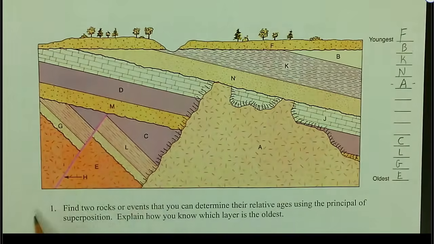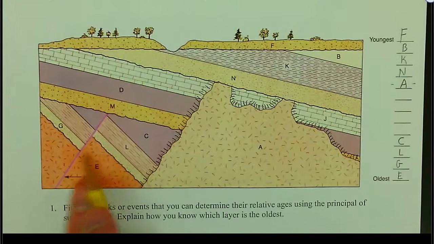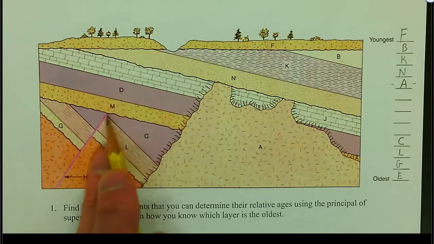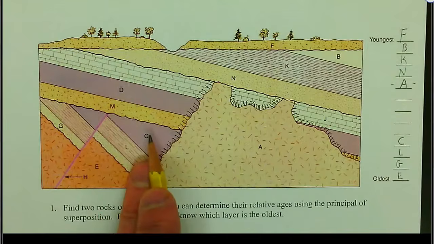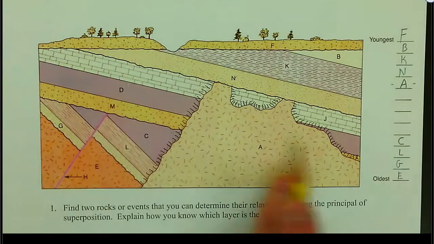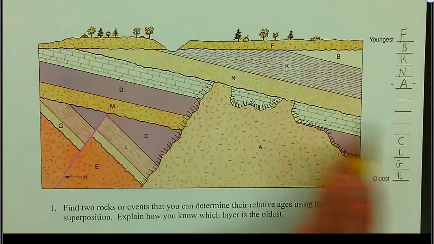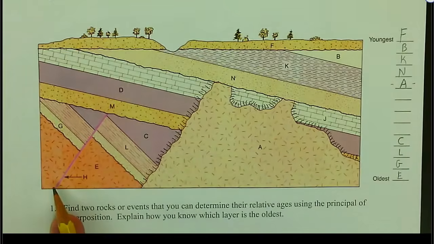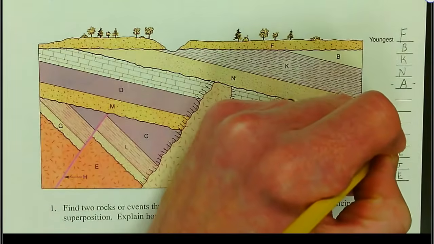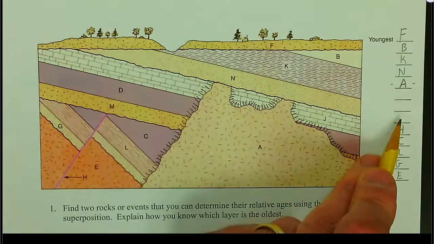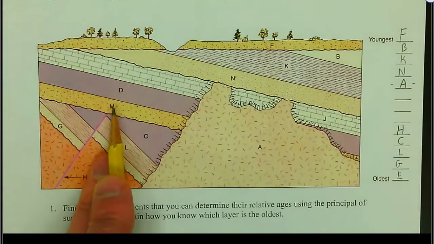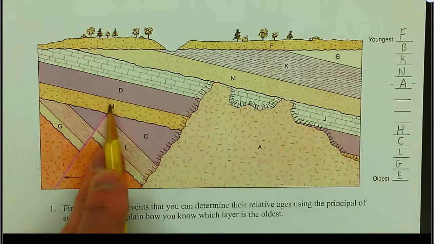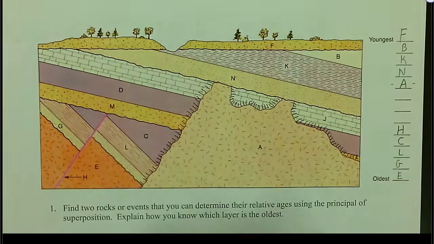We have this fault H. The fault cuts through E, cuts G, cuts L, and cuts C, but it doesn't cut M. So that means the fault has to come after E, G, L, and C, but the fault was before M. So I better make sure before I get M in here that I get this fault H. It's got to be older than M. Now I've got 1, 2, 3 left for M, D, and J. And we know that between M, D, and J, M is going to be the oldest, J will be the youngest.